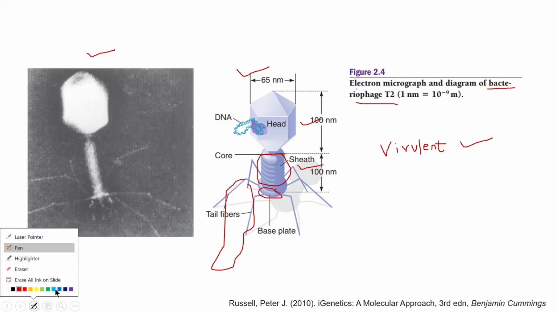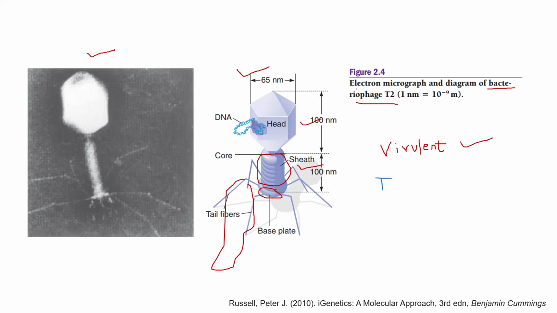The other type of bacteriophages are temperate phages. The diagram is not shown for a temperate phage on this slide, but we are going to see the life cycle. A temperate phage is a bacteriophage that can follow the lytic cycle as well as the lysogenic cycle.